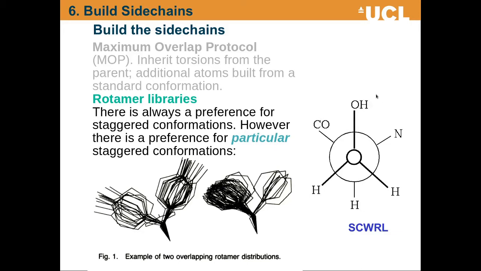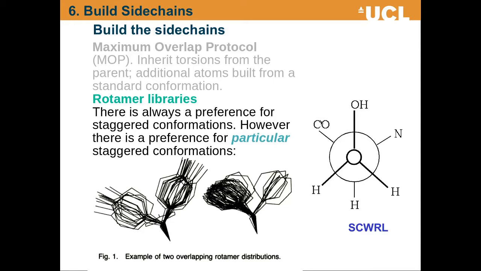So what we find is that these staggered conformations, where there's a step of about 60 degrees from one atom at the front to an atom at the back, are preferred to the eclipsed conformations, which would be achieved by rotating around this bond from the back large atom to the front small atom. If we rotated by 60 degrees such that this atom was on top of this one, then that would be an eclipsed conformation.